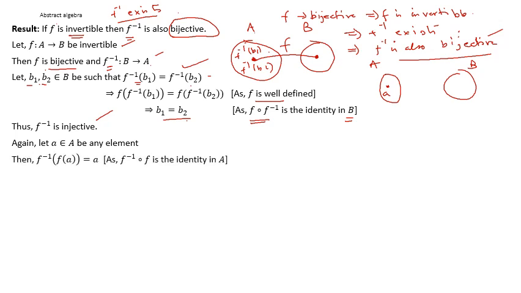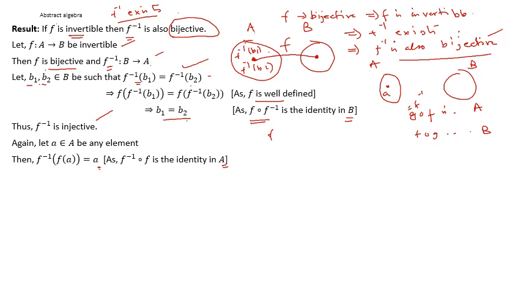Then f inverse f of a must be a, because f inverse f is the identity of A. We remember we did earlier that g o f is the identity of A and f o g is the identity of B. Now here g is f inverse, so f inverse f is the identity of A. So f inverse f of a must be equal to a.